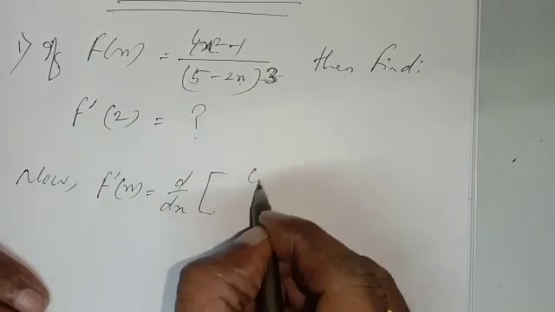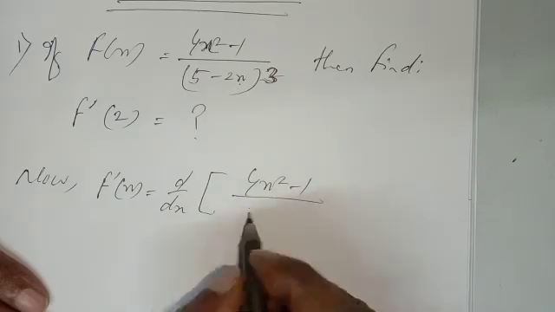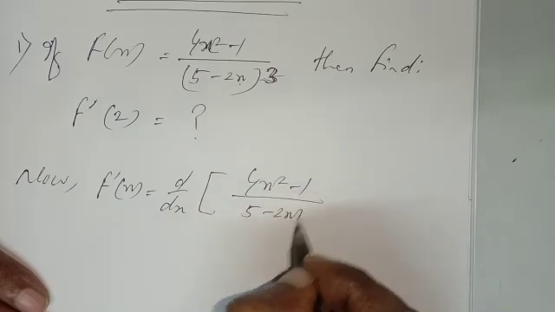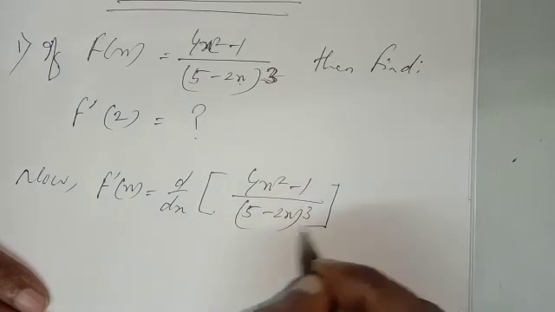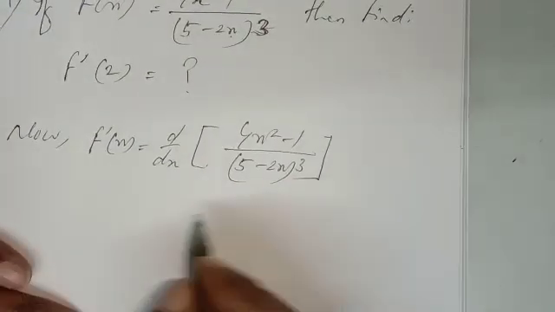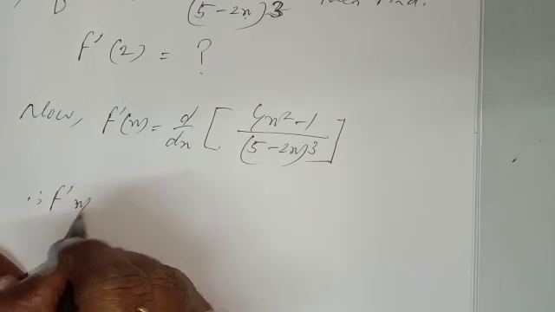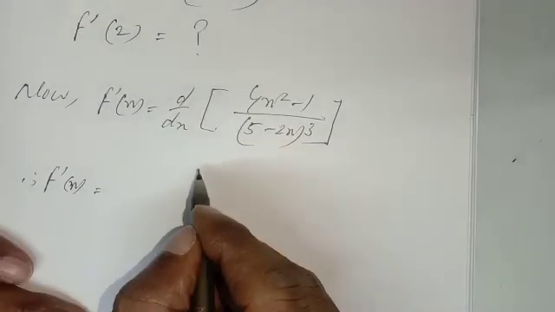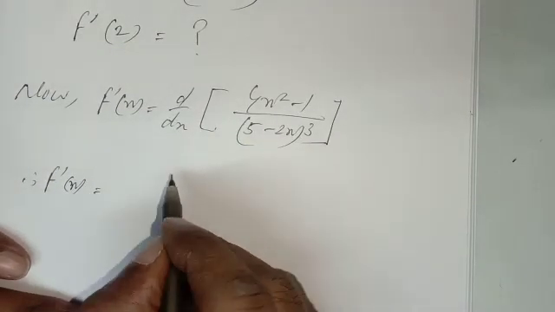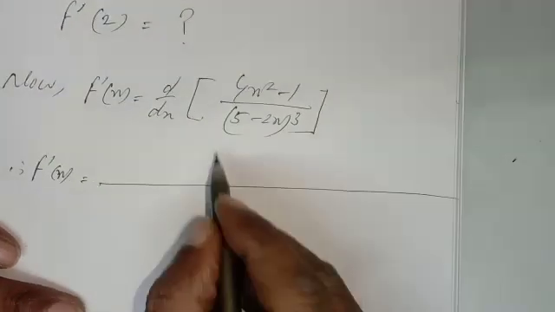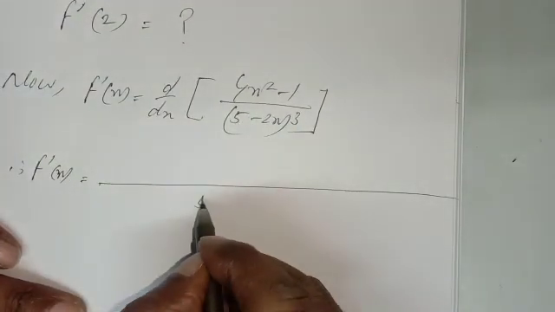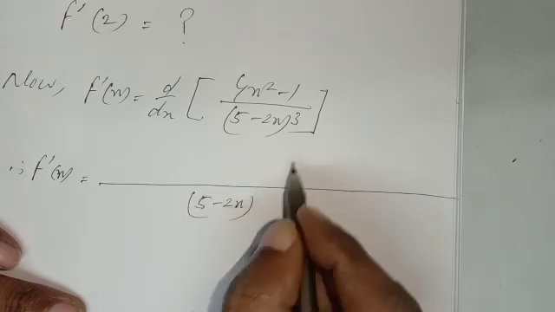Now, f dash x: you have to find the derivative of the given function, (4x square minus 1) by (5 minus 2x) whole cube. Therefore f dash x, you have to apply u/v form. You know what is u/v form? It is v square, where v is (5 minus 2x) whole cube, whole square.